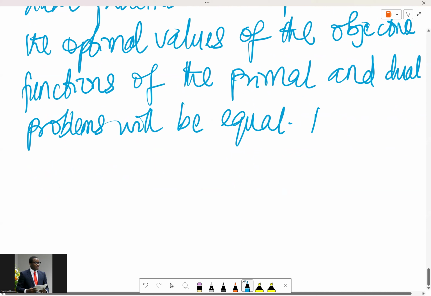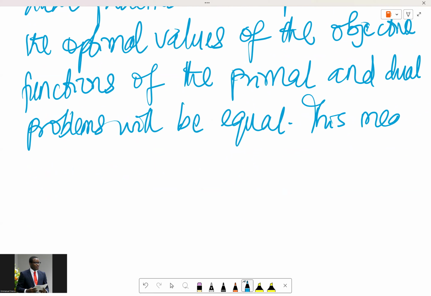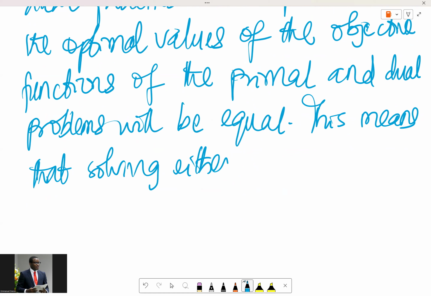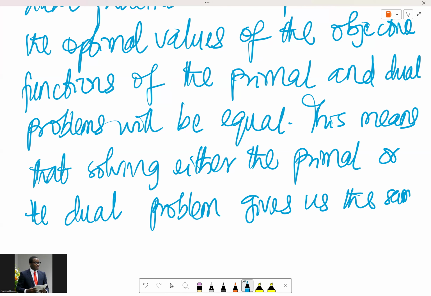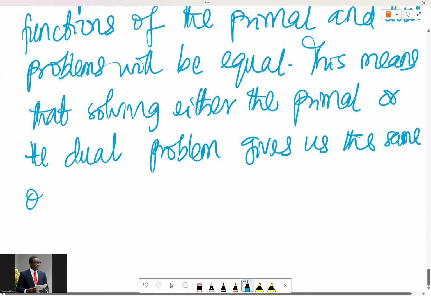What this means is that solving either the primal or the dual problem gives us the same optimal objective value.